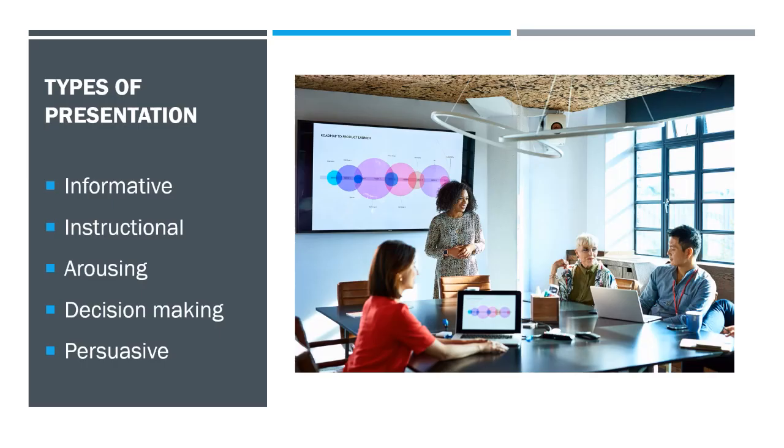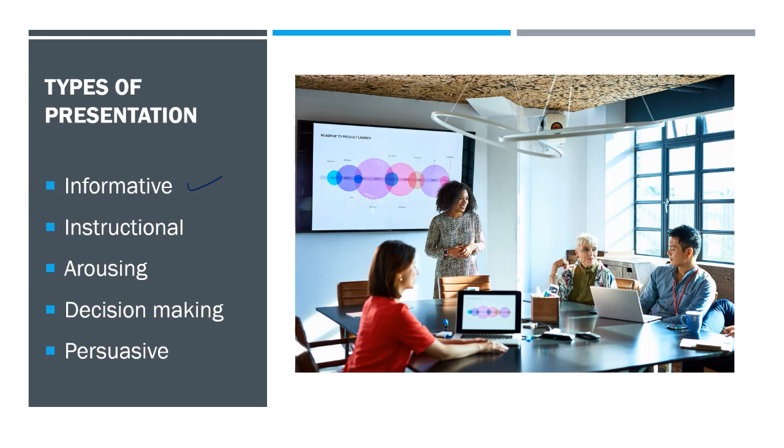So let's move on. What are the different types of presentation that you have? The first one is the informative presentation. An informative presentation is very brief and to the point. You have to stick to the facts and avoid complicated information because you're giving some information.